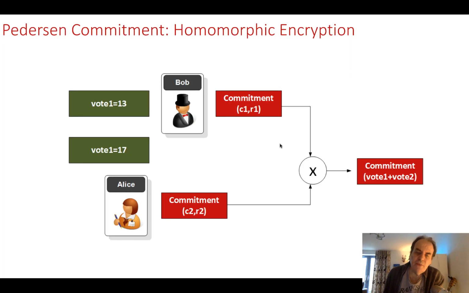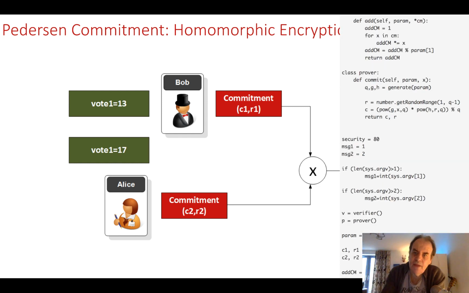Okay, so in this way we can operate on our commitments without actually revealing the original values. This is an example of homomorphic encryption. So there's the code that we've got there.